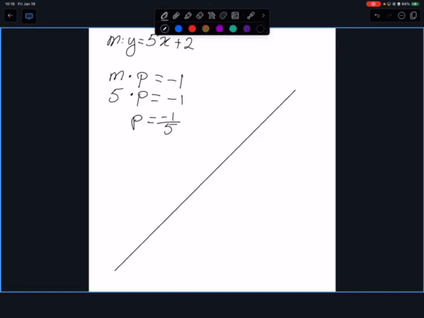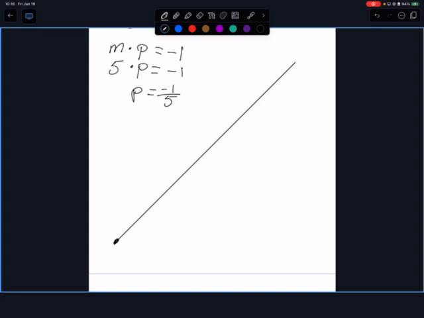So if you have a line segment A and B, find the midpoint of this specific line.